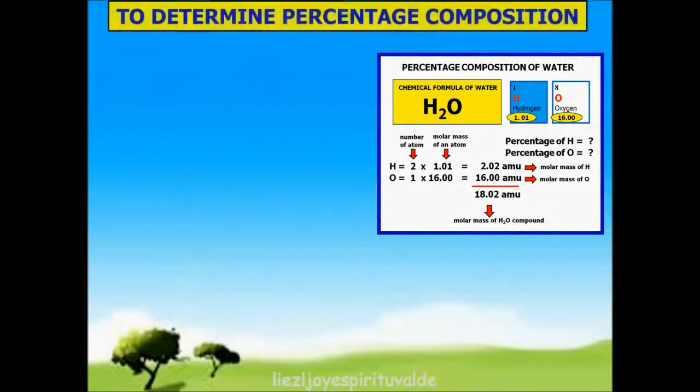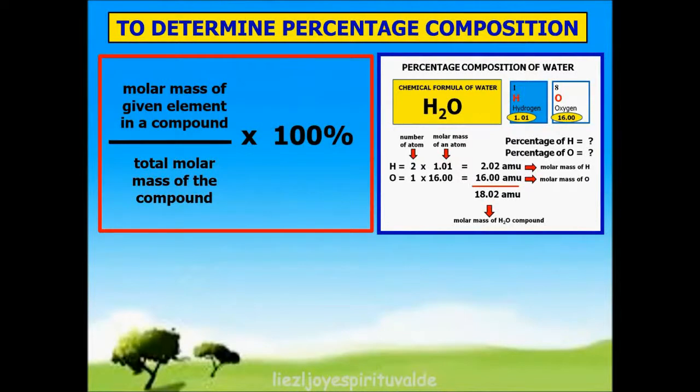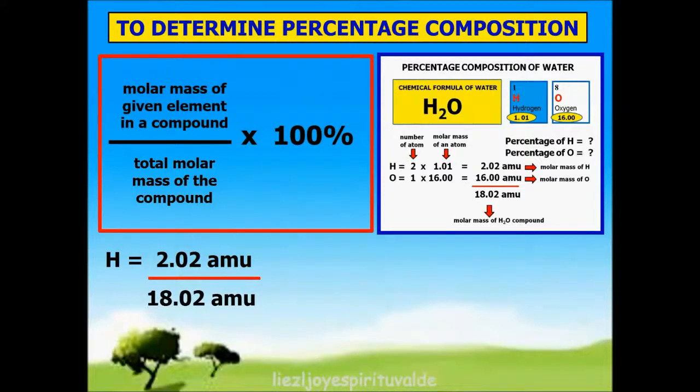Next, applying the equation. Molar mass of the given element in a compound divided by the total molar mass of the compound times 100%. We have hydrogen equals 2.02 atomic mass unit divided by 18.02 atomic mass unit. We will cancel both atomic mass units since they are present in the numerator and the denominator of the equation.